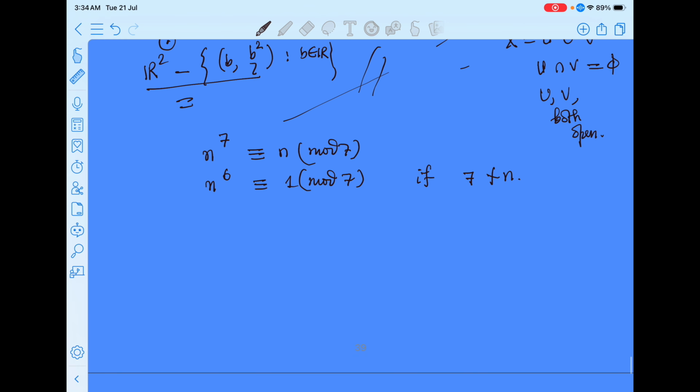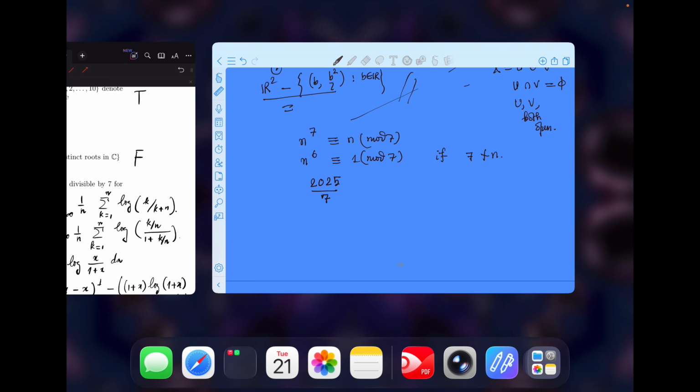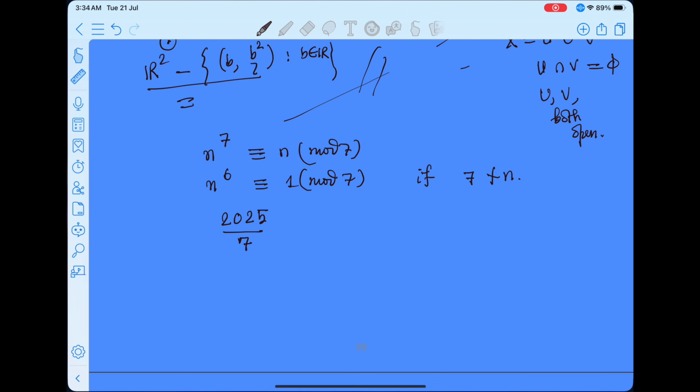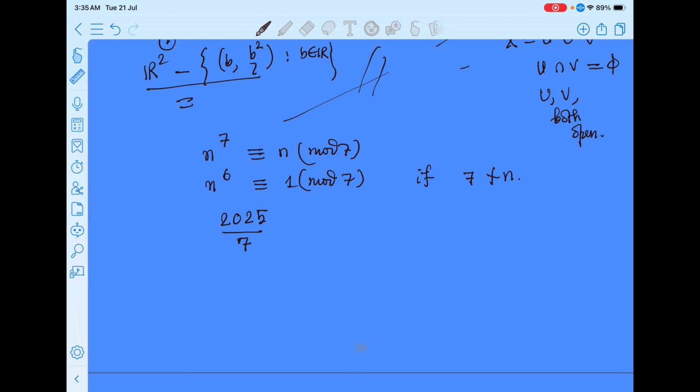Now, 2025 divided by 7, right? We have to sum it up until 2025. So look at the greatest integer of that. This is 289, right?